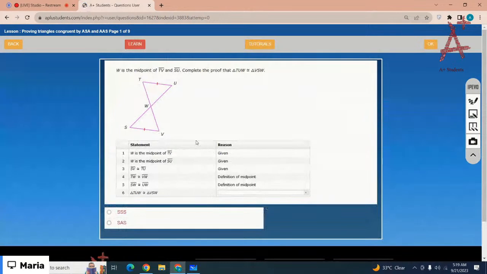Okay, W is the midpoint of TV and SU. Complete the proof that triangle TUW and VSW are congruent. Okay, so you can see W is the midpoint of TV and SU, right? And SV is congruent to TU, right?